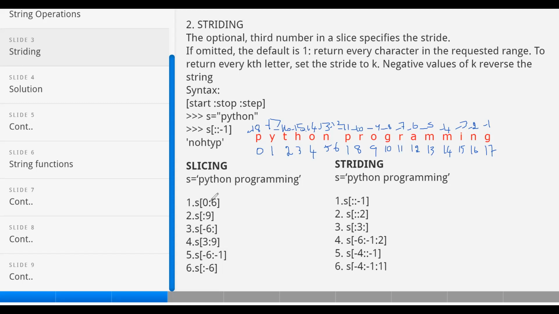So s[0:6]. Okay, so from 0, 0 is including and 6 is excluding. So my substring will be from 0 to 5. Only Python will be my answer for the first slicing. Next is s[:9].